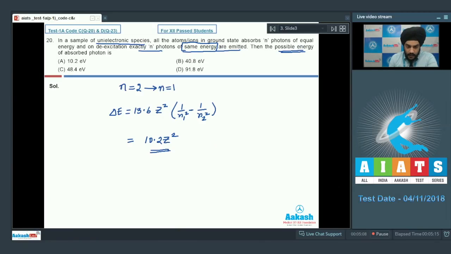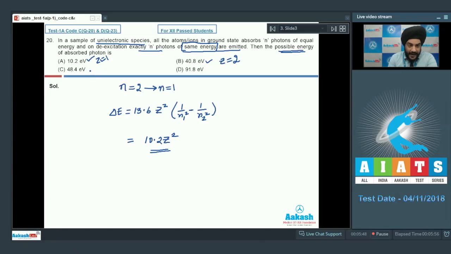So the answer which we are looking for when divided by 10.2 should be a perfect square. Okay. So 10.2 electron volts shall be correct. It gives us a value of Z equal to 1. So if we look at 40.8, this is also correct. It will give us a value of Z equal to 2.